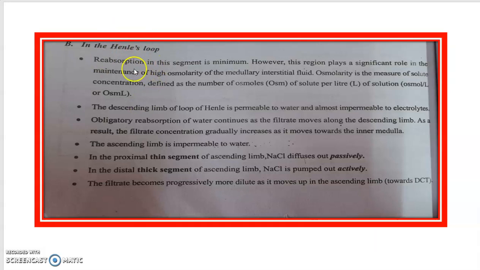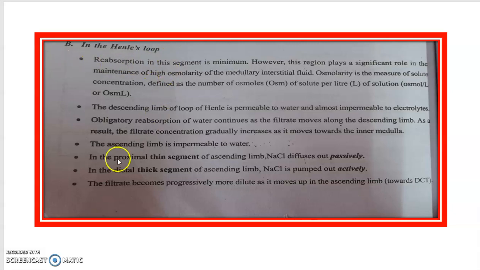Henle's loop plays an important role in producing our urine osmolarity of 1200 milliosmoles. Our blood osmolarity is 300 milliosmoles. That means our urine is 4 times more concentrated than our blood.